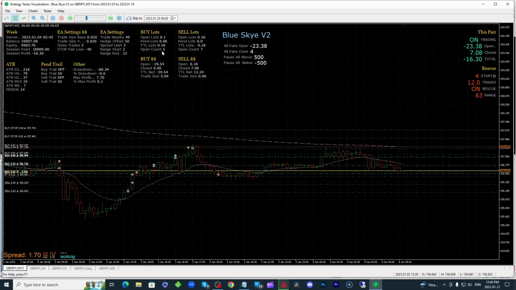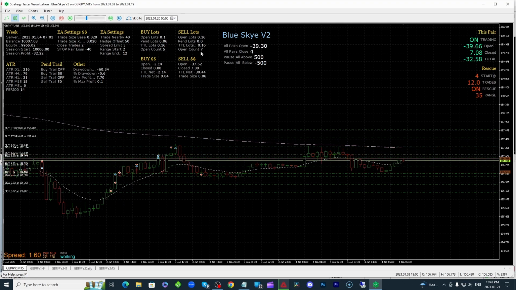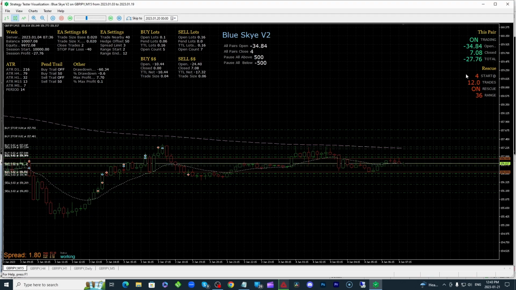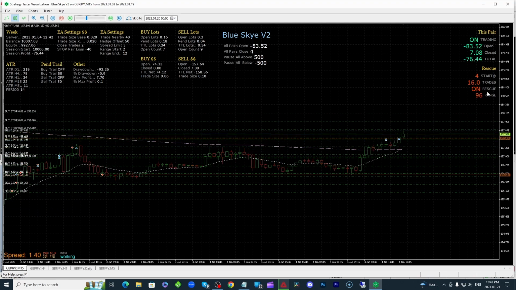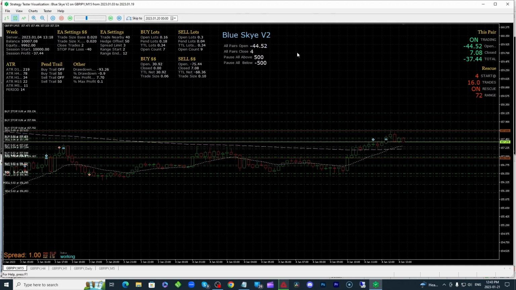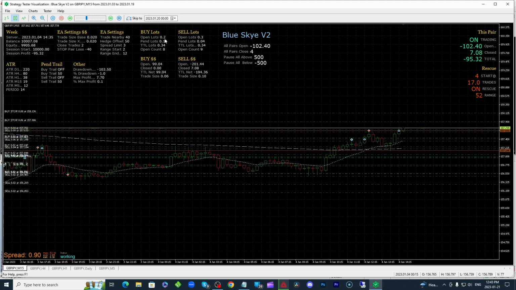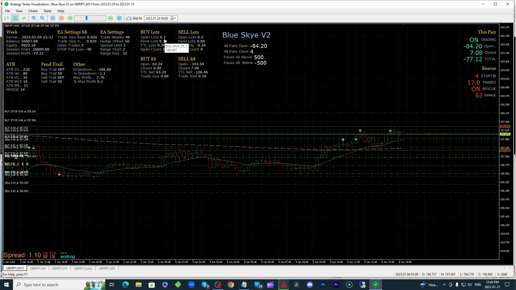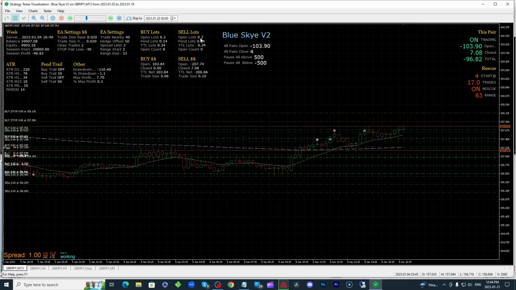Our total count of open trades is 12 open trades, right here. And as you can see, we're trending up, but our buy lots are in good shape. We've got 0.2 versus, oh no, we're not, 0.2 versus 0.3.